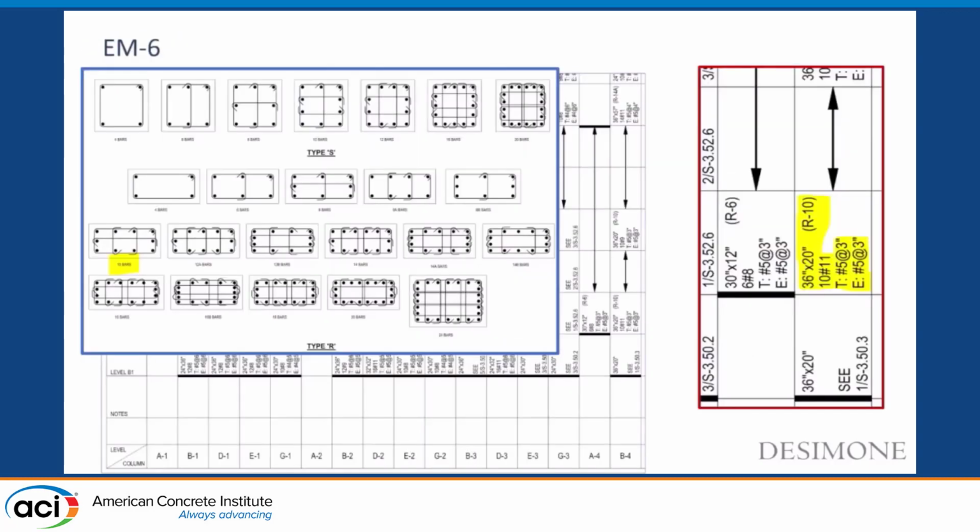A lot of this stuff I think Leonardo described well, but the data we only need for internal workflow is right here: column size, stirrup layout, vertical longitudinal reinforcement, and ties at the ends and the middle. This is a seismic gravity column, so it's uniform over the whole height.